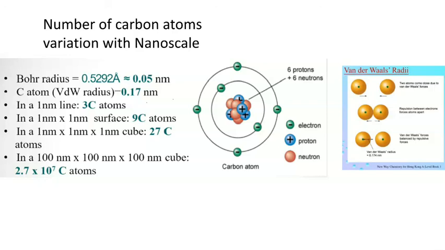The Bohr radius of a carbon atom lies in the range of 0.5 angstrom, that is 0.05 nanometer, approximately. The van der Waals radius of a carbon atom is in the range of 0.70 nanometer. The van der Waals radius is higher.